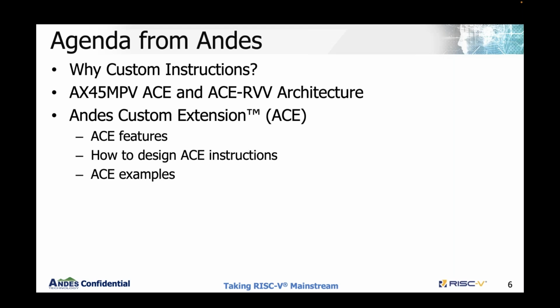But today, we're going to concentrate on the scalar part only, which is Andes custom extension ACE. We're going to talk about its features, describe how you can design this instruction with the tool that Andes provides, and also give you an example.